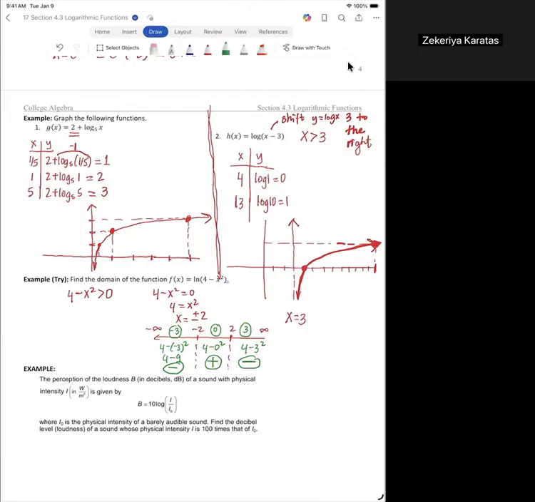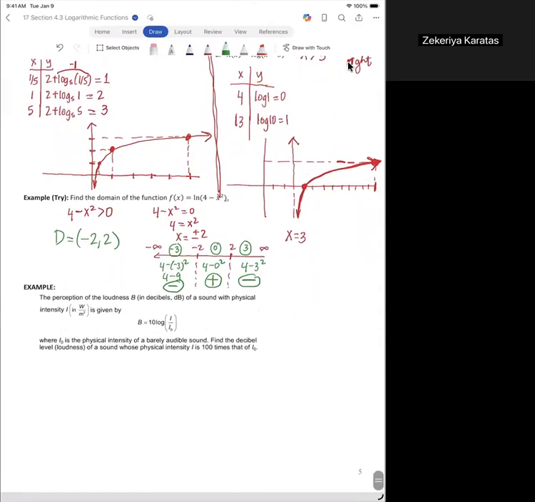That's the only time it's greater than 0. So the domain for this function is negative 2 comma 2. That's how you find it. You're solving this quadratic inequality: find the boundaries, find when it's positive and when it's negative, and then pick the one that suits your problem. Here I'm making it positive because inside ln I should have positive values.